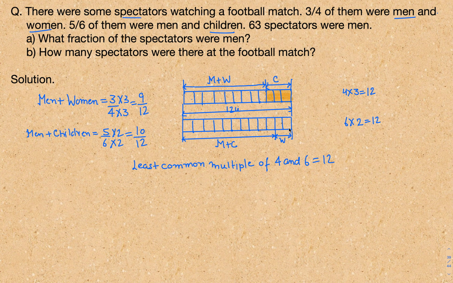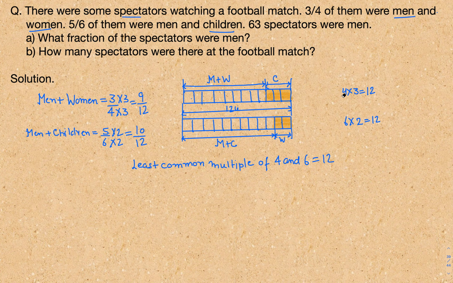Okay, then how about this one? If you see carefully, the last 2 units are for women, right? So let's highlight it. The last 2 units are for women. From here also you can see that men plus children is 10 by 12. That means out of 12 units, 10 units are for men and children. That means 12 minus 10, 2 units, is for women, right?